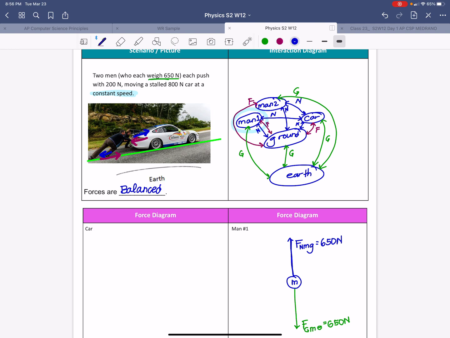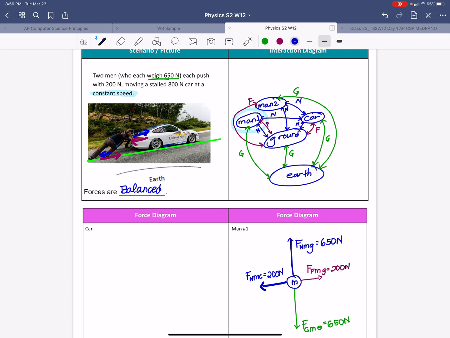So we have the car pushing on the man at 200 newtons. And that means that the force of friction is going to be in the other direction on the man from the ground, also at 200 newtons. All right, and so that's our interaction for the man.